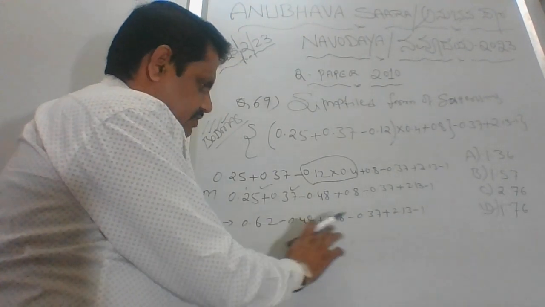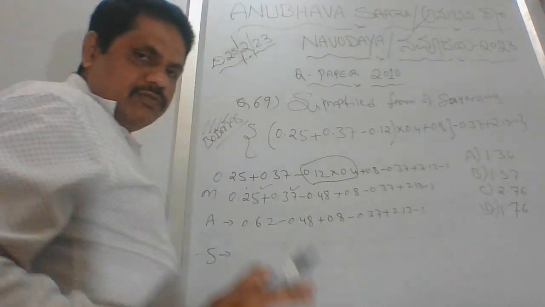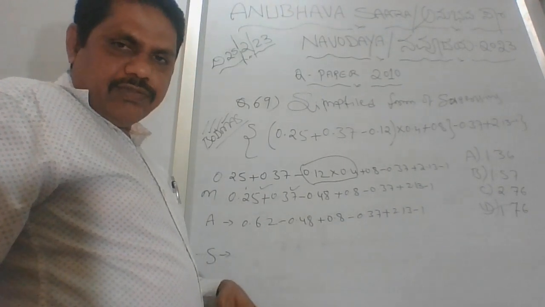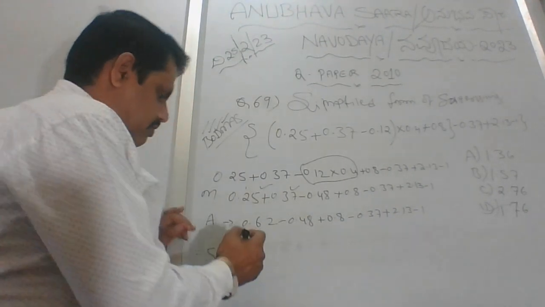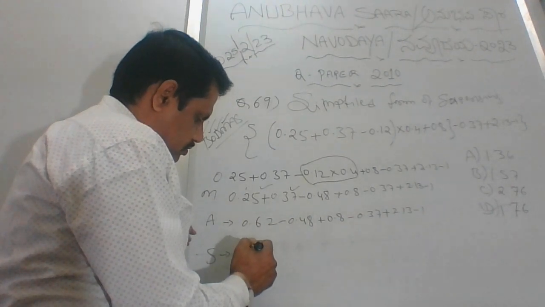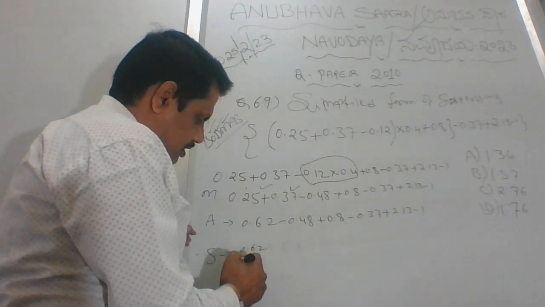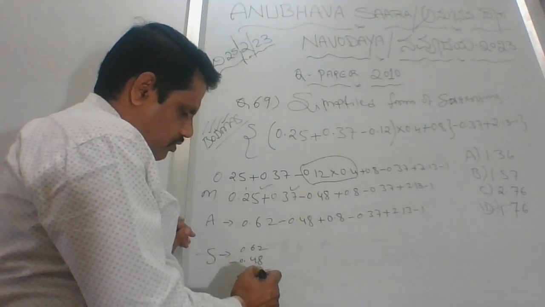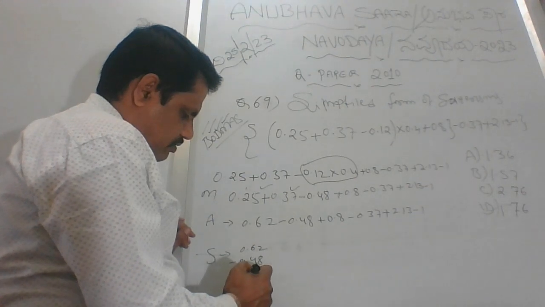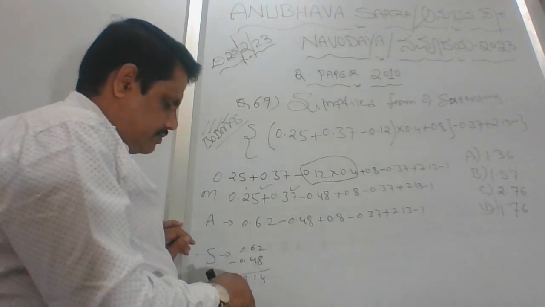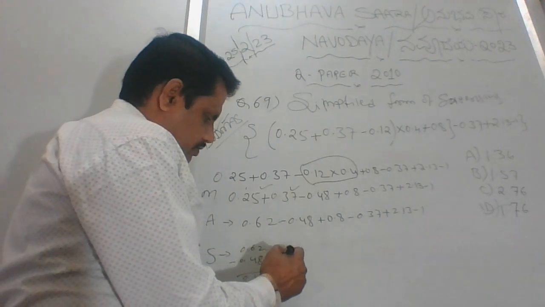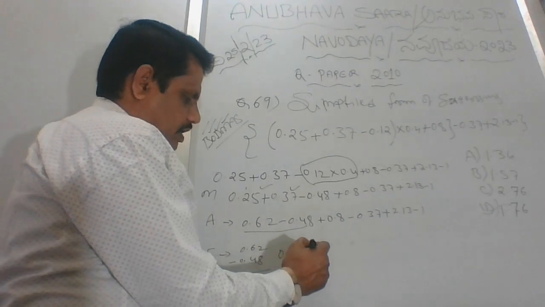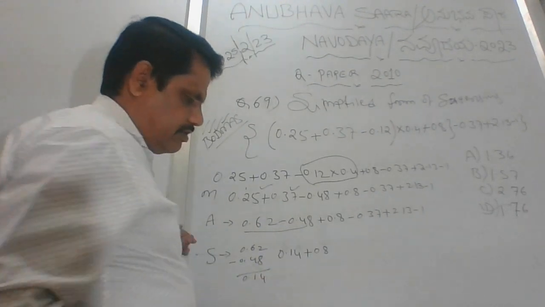Fine, because plus into minus is minus. So that's why first we'll subtract, then we can plan it accordingly. Okay. So 0.62 minus 0.48 is 0.14. 0.14 from this, plus 0.8.